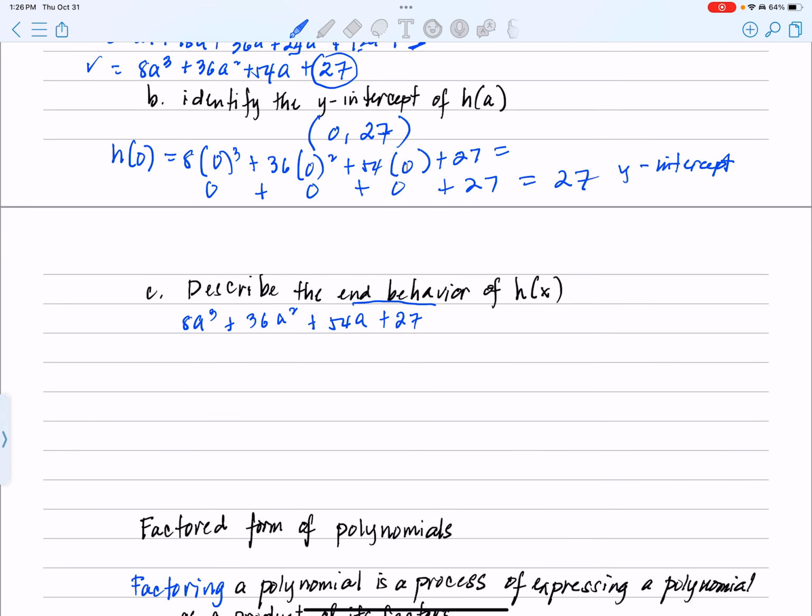What we're looking for is the degree of the function and the leading coefficient. That's what will determine our end behavior. So our degree here is 3. So the degree is odd, and the leading coefficient.